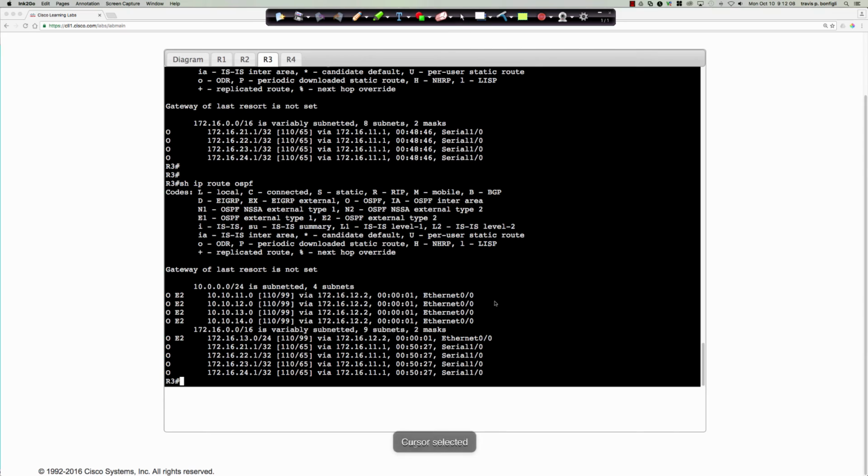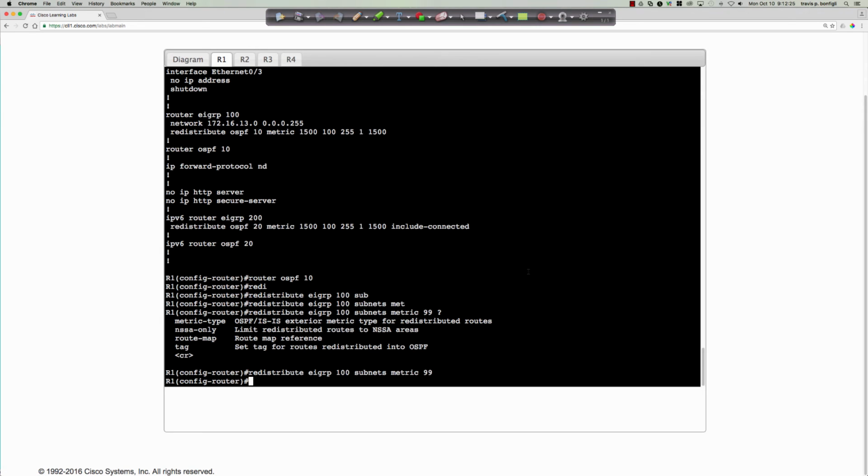All right, so let's go ahead and scoot along here. We've got our subnets in there, and we tweaked it to 99. We talked about the OE1, OE2 types, and now we're going to see that in action, and it just so happens that we are going to be doing that again off of router 1 here. And let's see, I wonder if this is a bug. If I take this off and then I say metric type, right?